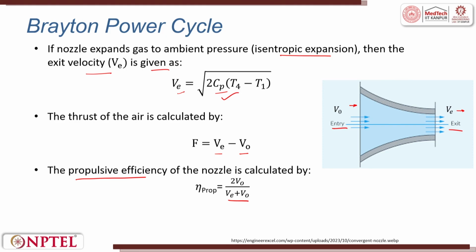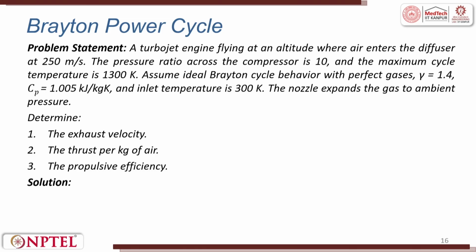So, let me try to see two simple numerical statements here. The first problem says, a turbojet engine flying at an altitude where air enters the diffuser at 250 meters per second. The pressure ratio across the compressor is 10. The maximum cycle temperature is 1300 Kelvin.